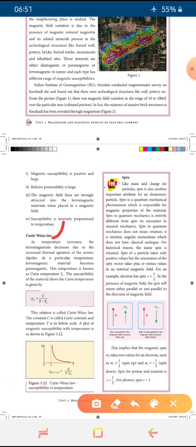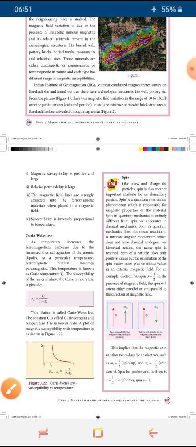They may ask 2 marks also. Study the domain, and the Curie temperature as critical temperature may also be a 2 mark question. Then this is a 5 mark question. Properties alone may be asked in 3 marks.